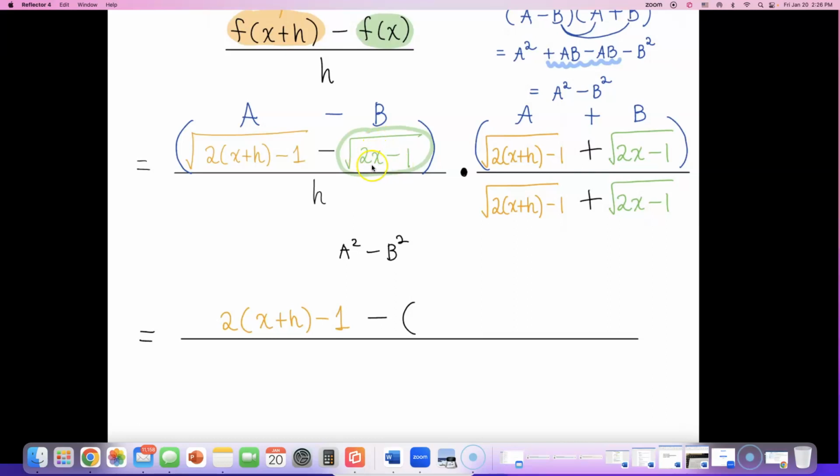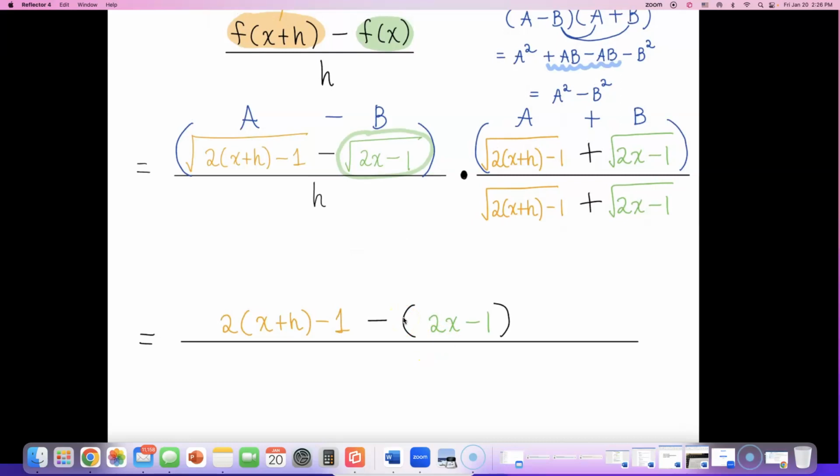So what comes straight out? The 2x minus 1 comes straight out. But notice that I put that 2x minus 1 in a parenthesis. That's because I need to subtract this green expression, and when you are subtracting, you may need to distribute that negative sign.